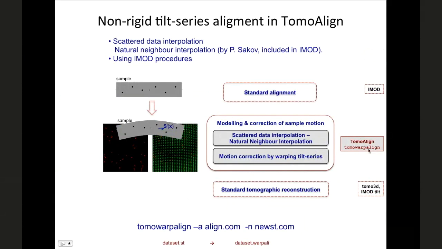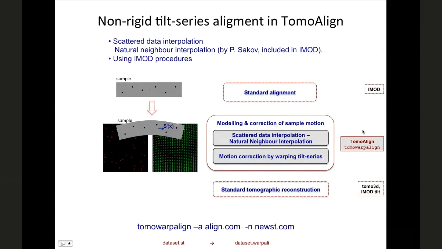TomoAlign has been implemented trying to use IMOD procedures, and here we used a different approach to scatter data interpolation. In IMOD, there is a library of routines from Pavel Sakov based on natural neighbor interpolation, which is another type of scatter data interpolation technique, but essentially it should be similar to splines, as I mentioned before.